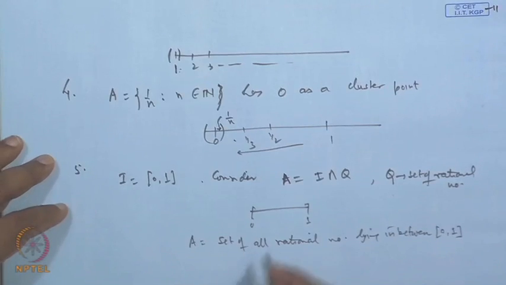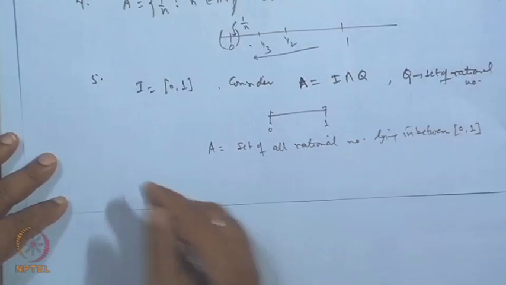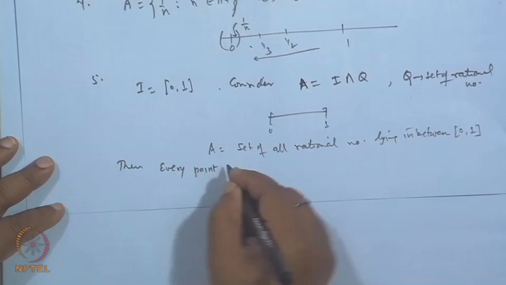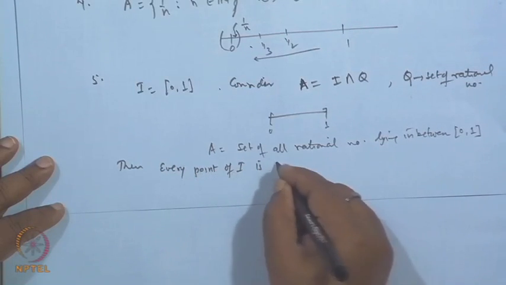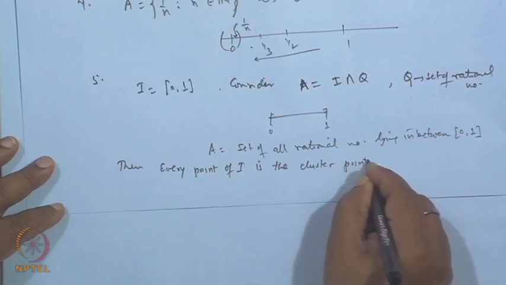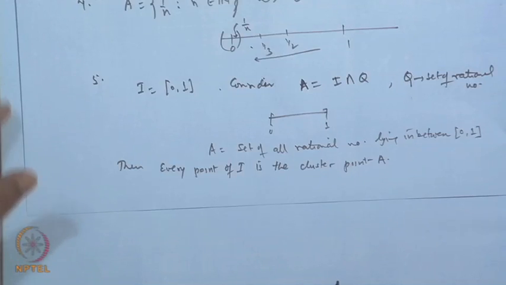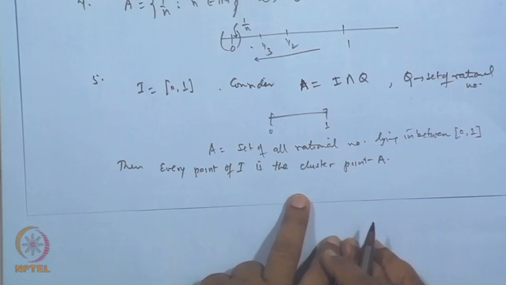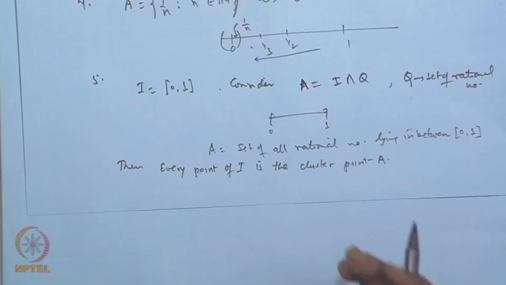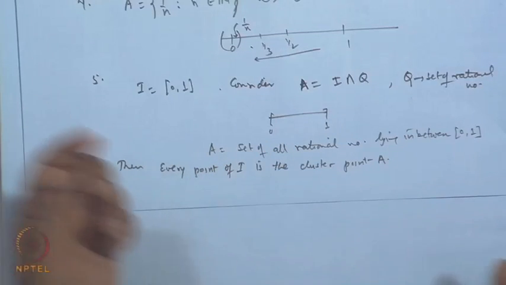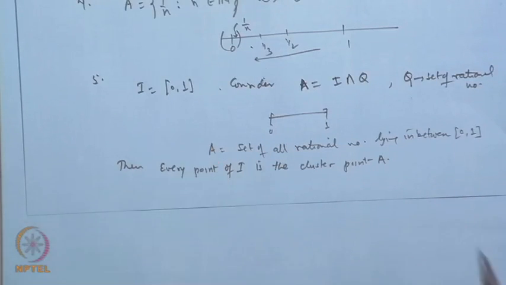Then we claim that every point of I is a cluster point of this set A. Why? This is because of the result which we have seen, that between any two rational numbers there is always another rational number; infinitely many rational numbers lie between two rational numbers.